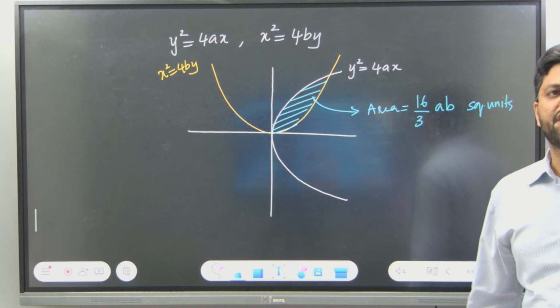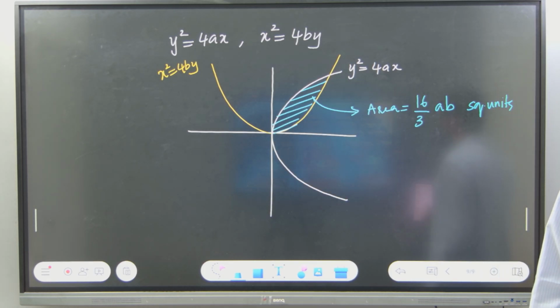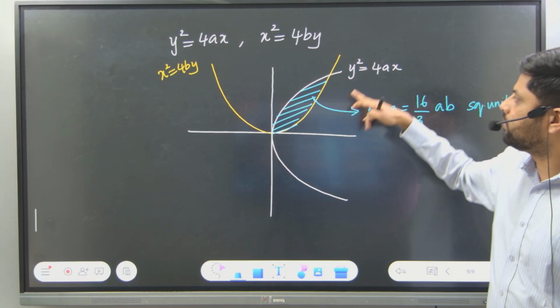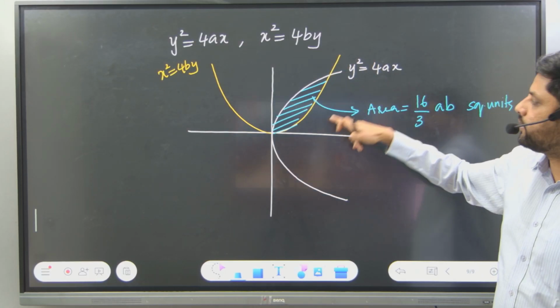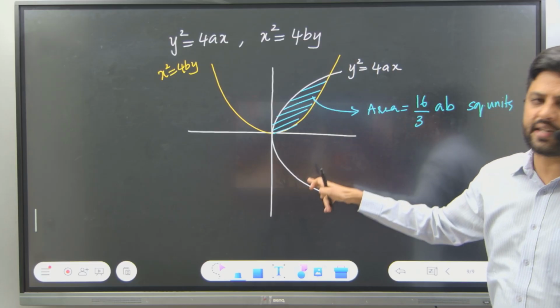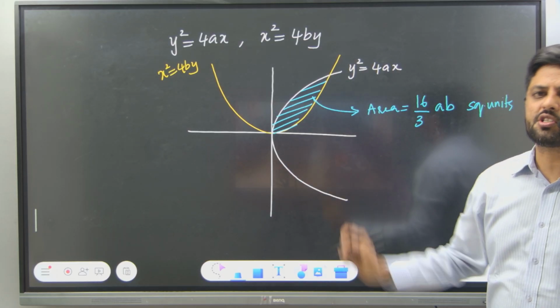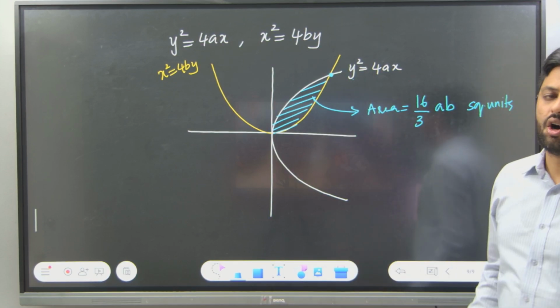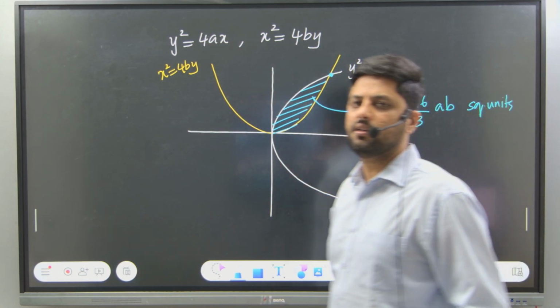If you go with the regular method, first you have to find out the area under y square is equal to 4ax. Then you have to find out the area under x square is equal to 4by. Then you have to subtract. And before doing that, you have to find out the point of intersection. All that has to be done using the regular method.